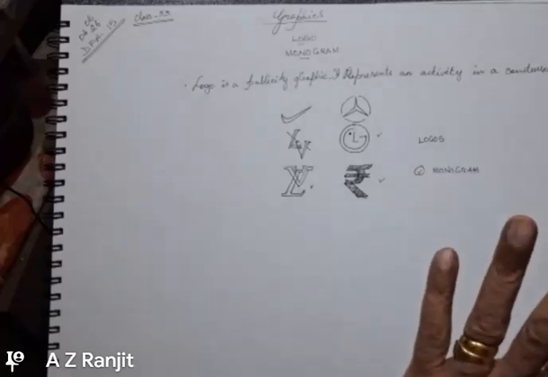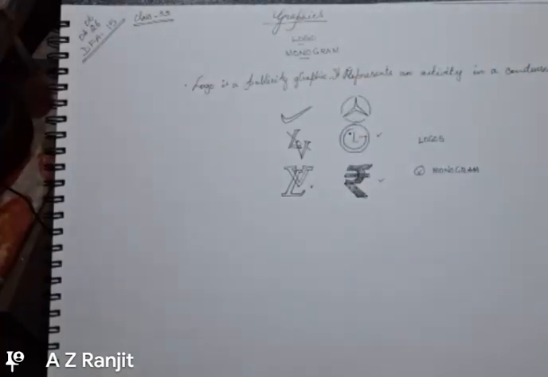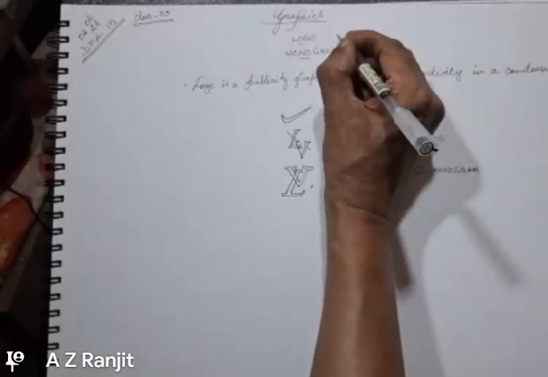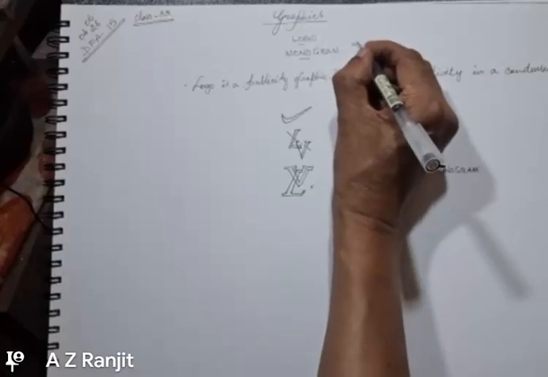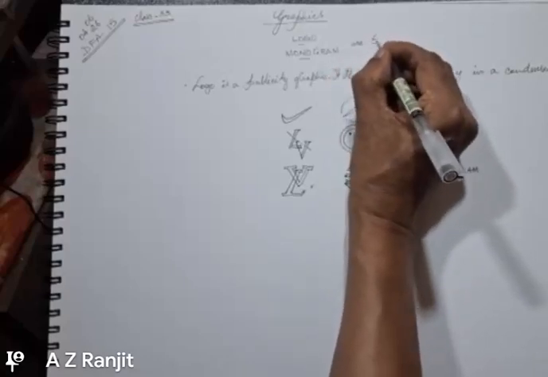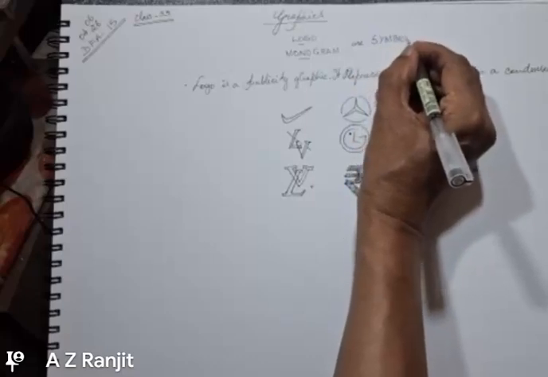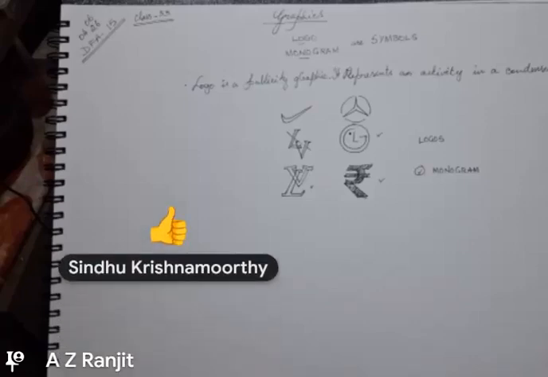Monograms will have to have letters. Logos can have letters or not, or just symbols. So monograms and logos are symbols. Okay, do we understand that? Do you have any questions?